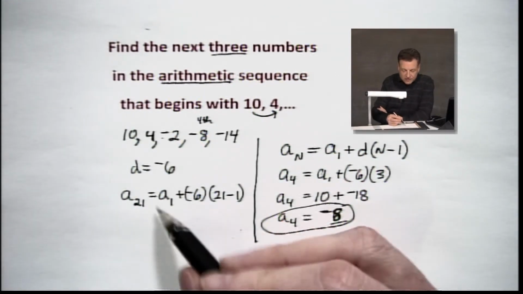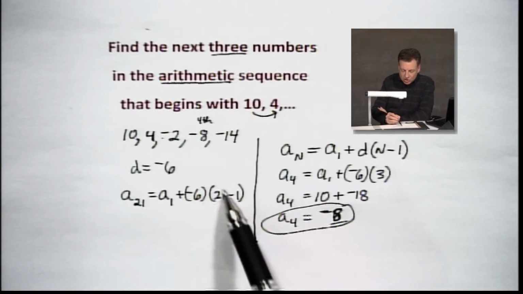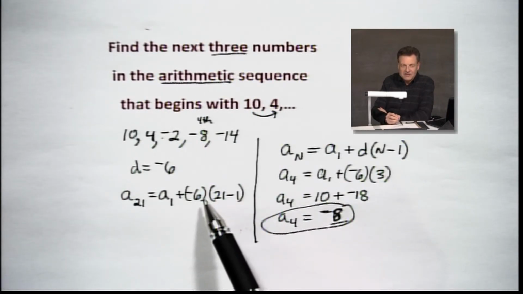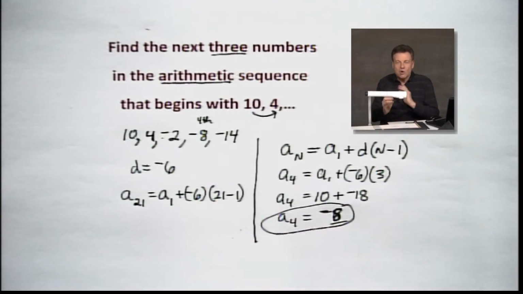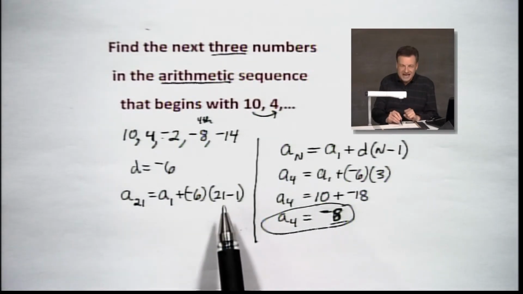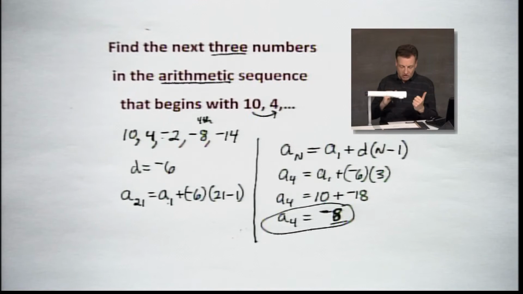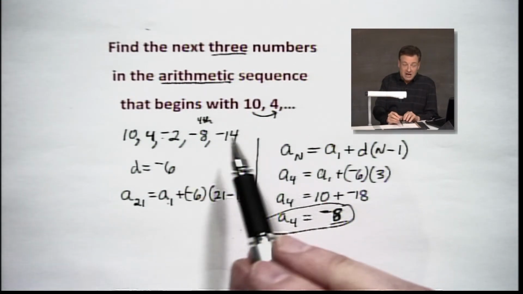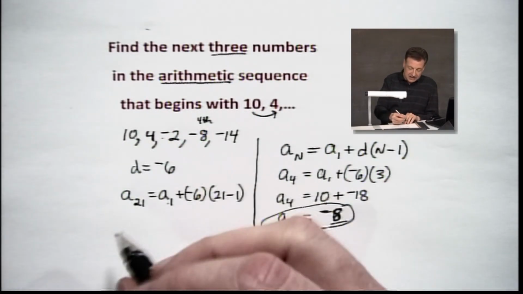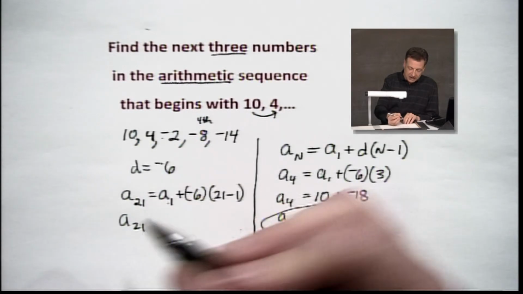Because since you've got the first term, it's going to take you 20 times of this -6 routine in order to get where you're going. You don't want to get to the 22nd term, you're trying to get just to the 21st term. So you're going to come up one short because you've already got the first one under your belt. You already know what it is. So you're going back to this 10, and let's see what would happen if we were to do that.